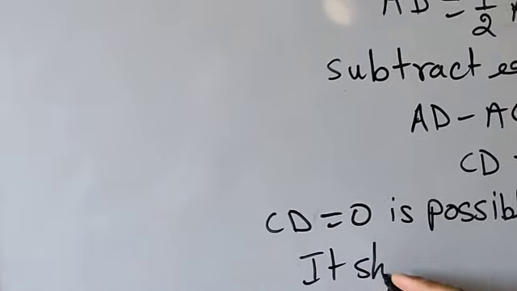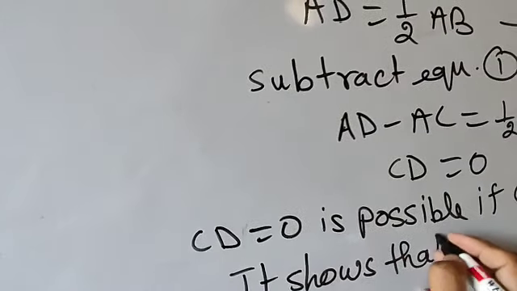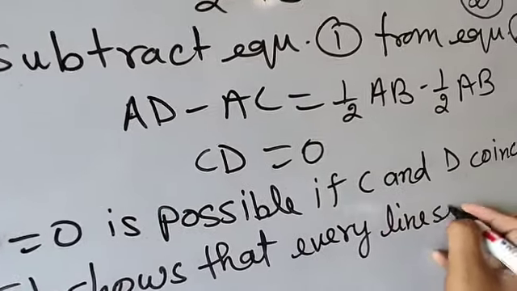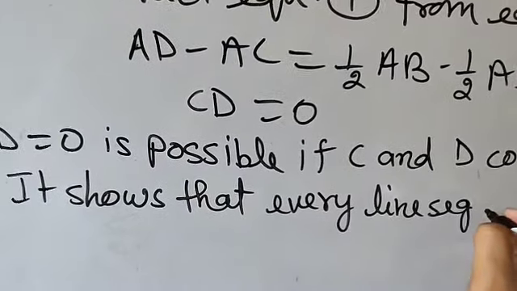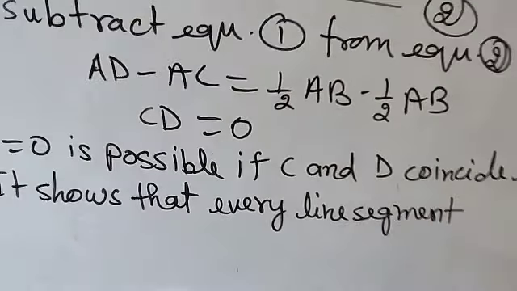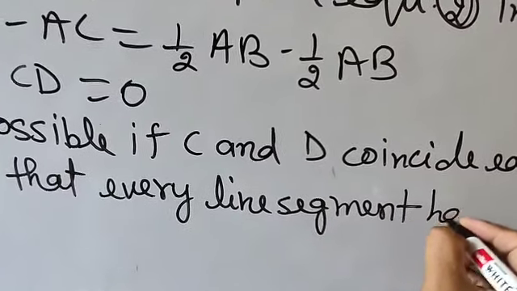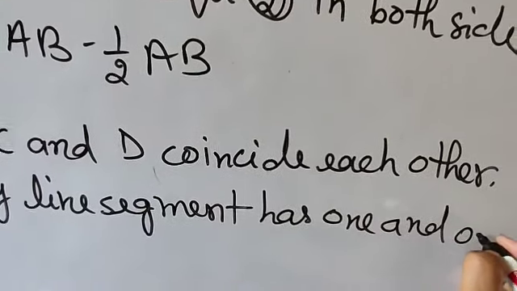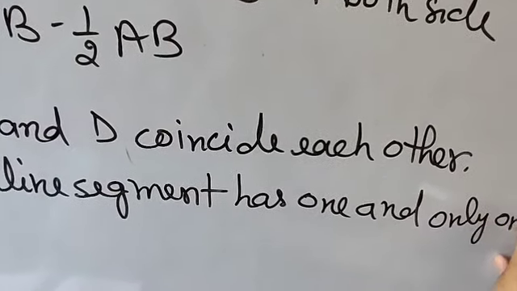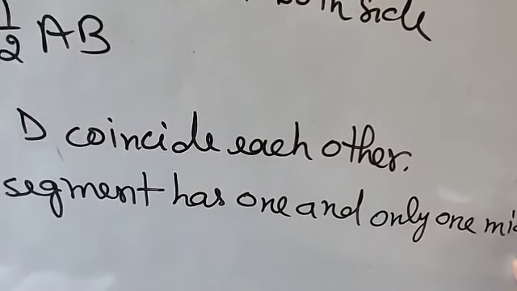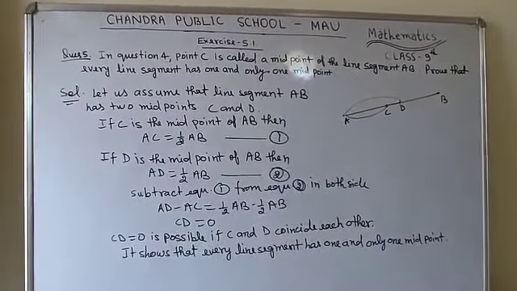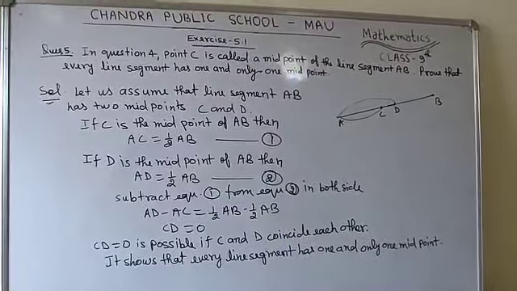It shows that every line segment has one and only one midpoint. So here it is proved that each and every line segment has one and only one midpoint.